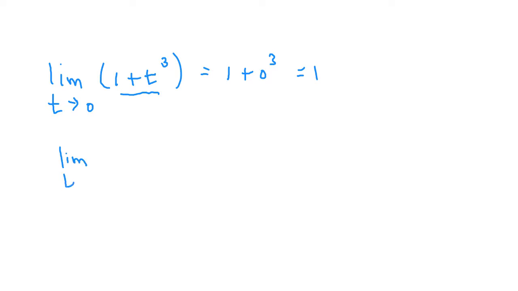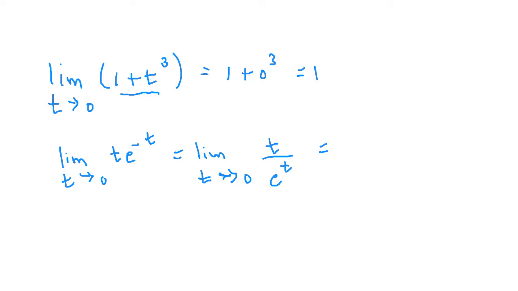Now the second limit is this limit, which we can write as the limit as t approaches 0 of t over e to the t, right? Well, that's not an indeterminate form.